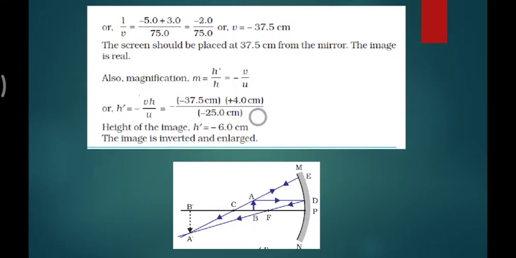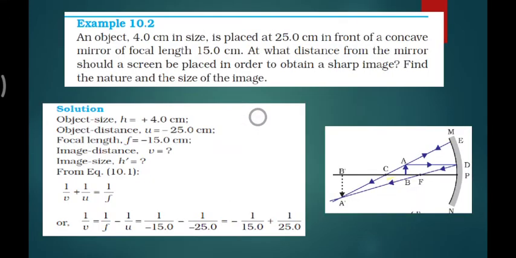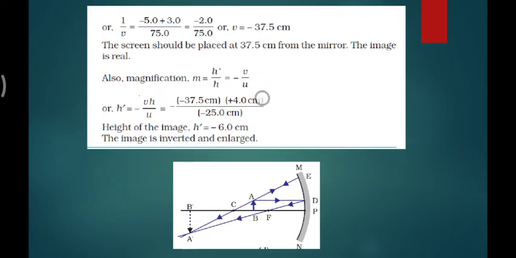You have 25. So 37 divided by 25, you can do that, and you get the answer, same minus, which is 6 centimeter. So h prime, yes, but that is the magnification. M is equal to whatever digit you are getting, which is the magnification.